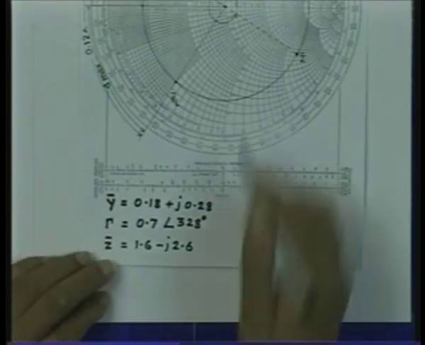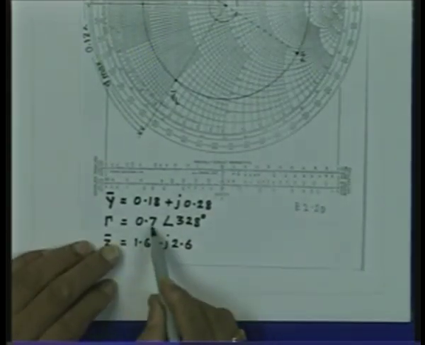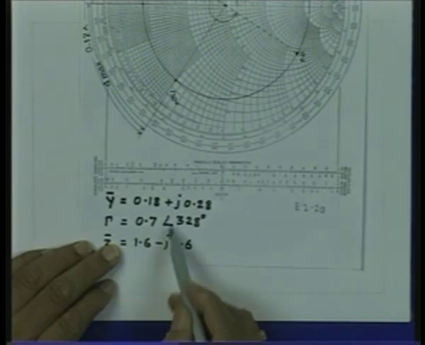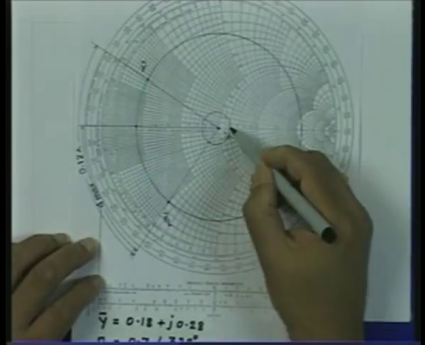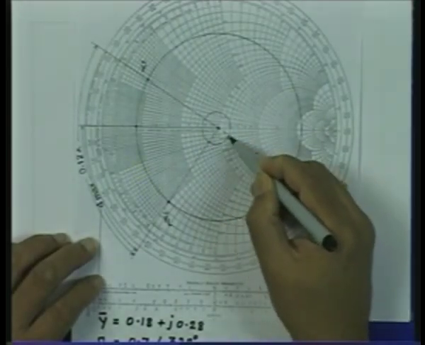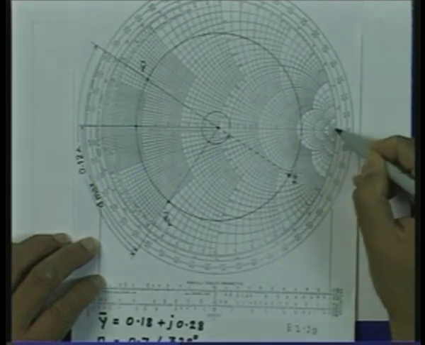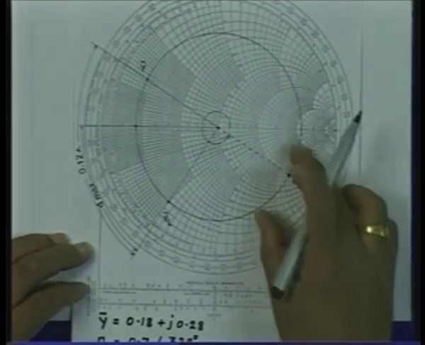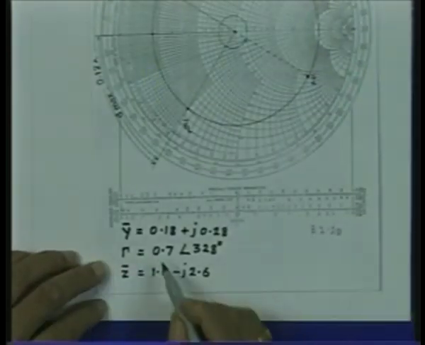From here I get a reflection coefficient with magnitude 0.7 and angle 328 degrees. This angle is 328 degrees, and this length normalized to the radius of the Smith chart gives the magnitude of the reflection coefficient, which is 0.7.